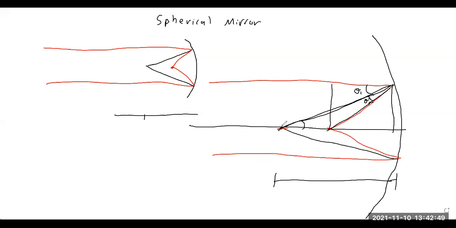These triangles. If we've got the same opposite side, this angle in radians is about the same as the sine of the angle.